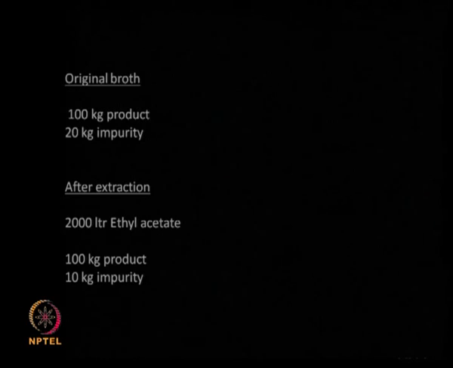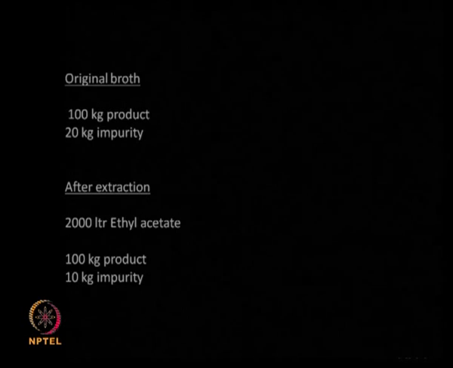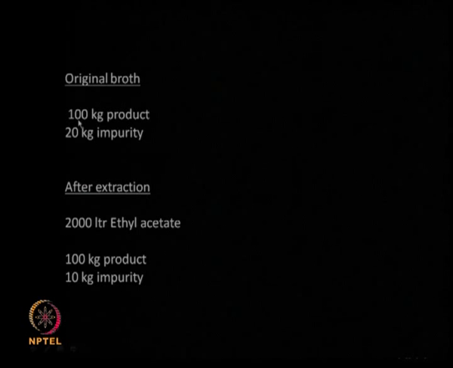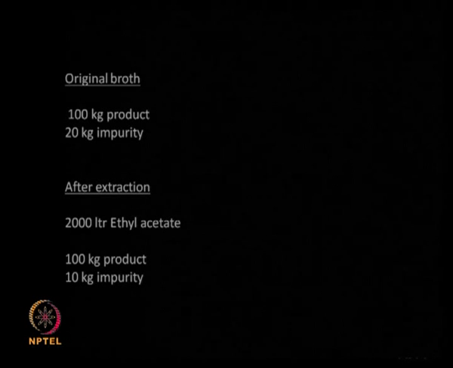That is the whole concept of extraction, determined based on the partition coefficient. The product has a higher partition coefficient, whereas the impurity has a lower partition coefficient. That is why I am able to go from 100 kg product and 20 kg impurity to 100 kg product and 10 kg impurity, understand.